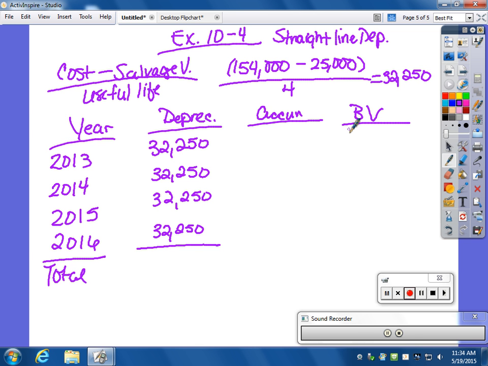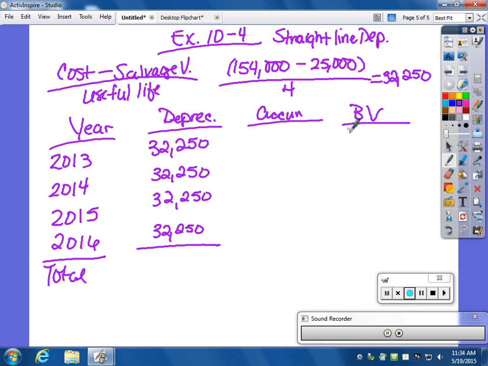Do you have salvage? How much did you start off with? 129,000, and when you subtract that 32,250, 96,750. Wait a minute. What did you start off with? The actual cost or the cost subtract the salvage? $129,000, right?